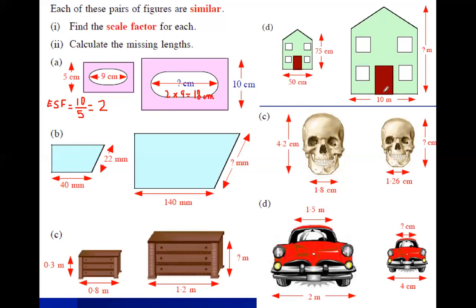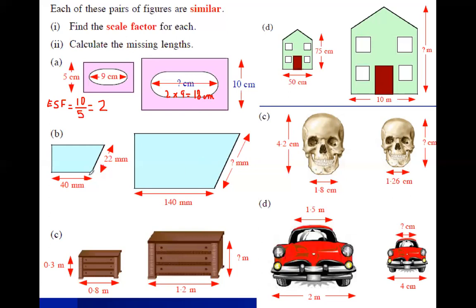Let's say you work with houses and you want to make a smaller version of a house. For example, in this case, I've got an enlargement here, 10 meter to 50 centimeter. So the thing about scaling factor as well, I forgot to say, you need to use the same unit in order to give your scaling factor properly.